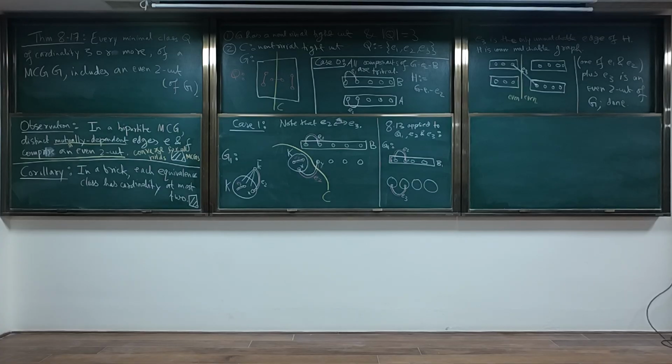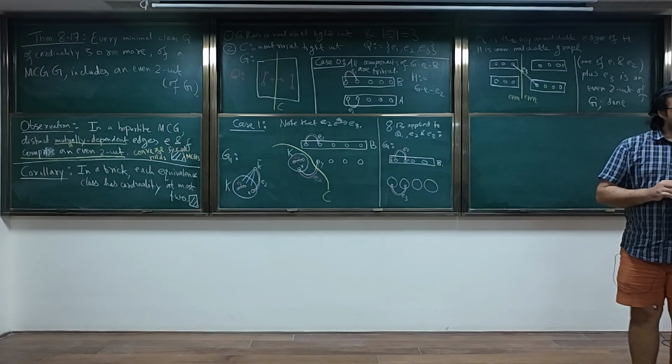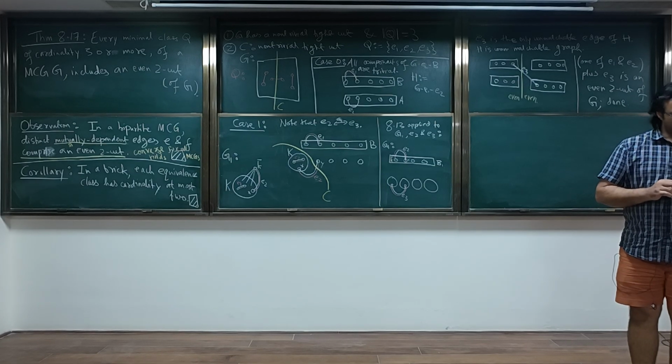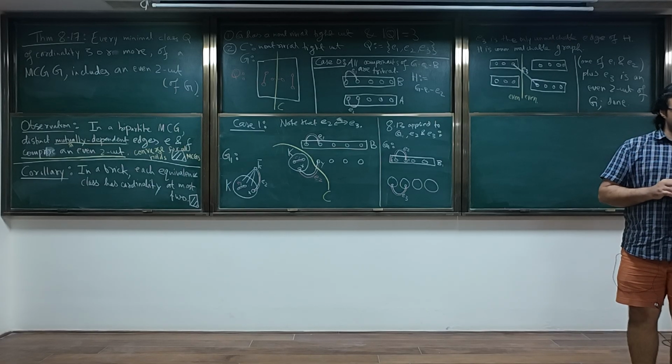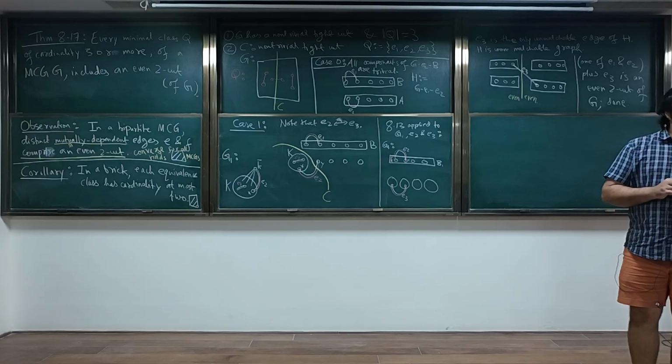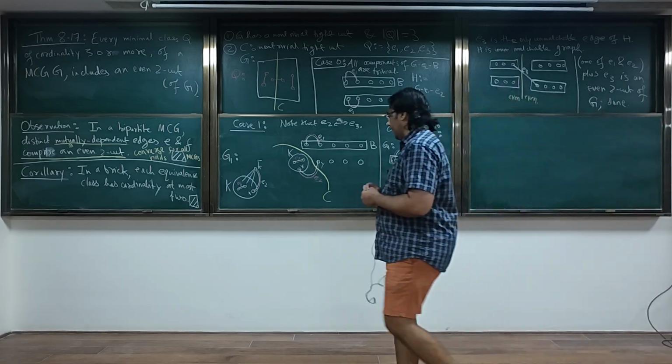Okay. So this odd component K should be factor critical, which is the same as G1 minus K bar, and minus any other vertex, having a perfect matching. Therefore, K bar and any other vertex do not belong to any nontrivial barrier. Okay, so let's see.